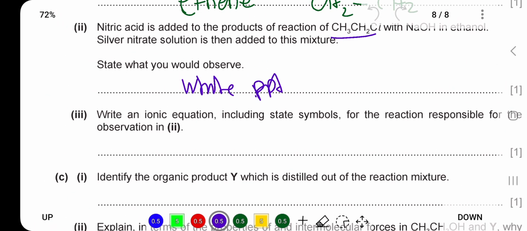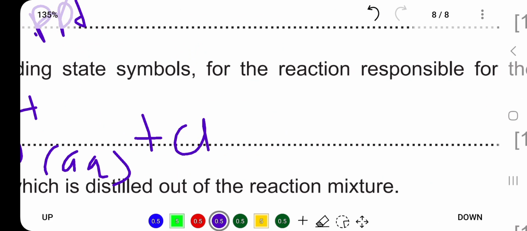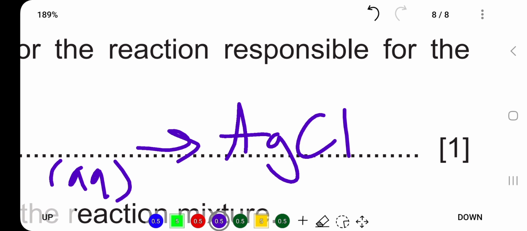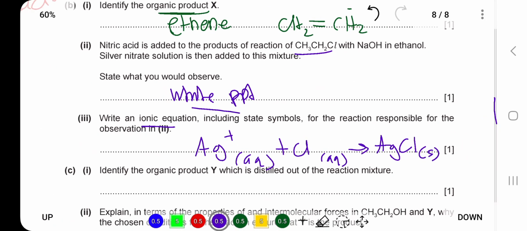Now it's actually just use your brain. Ag+(aq) plus Cl-(aq) gives AgCl(s), since you want an ionic equation, which is a solid, the white precipitate.